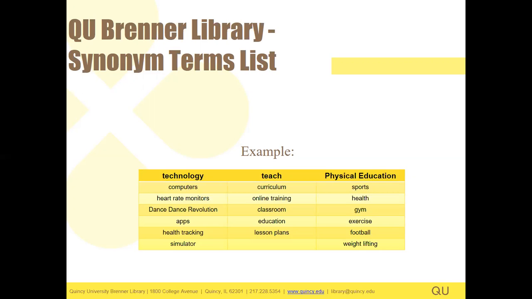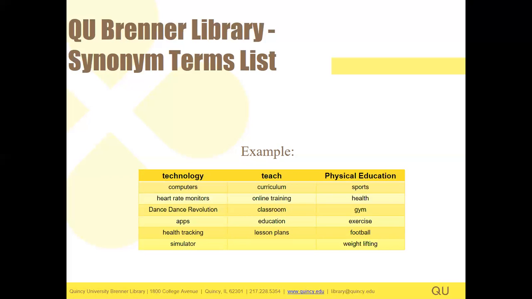Dance Dance Revolution, apps, health tracking, simulators. Some other terms I could put in there in case technology may be too broad. Teach, curriculum, online training, classroom, education, lesson plans. For physical education, I could do sports, health, gym, exercise. I could be even more specific and say football, weightlifting.